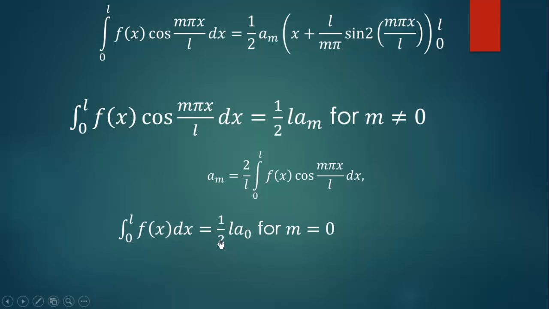Now, you can see clearly why we put 1 over 2 behind a naught in the expression for the cosine series. So when we make a naught the subject, we get this expression for a naught. So a naught is equal to 2 over L integrating from 0 to L of f of s dx.